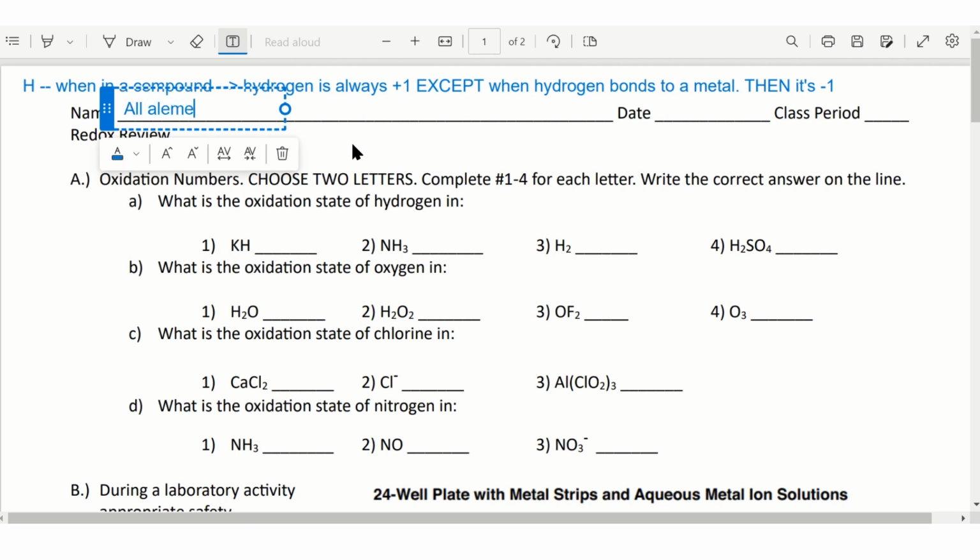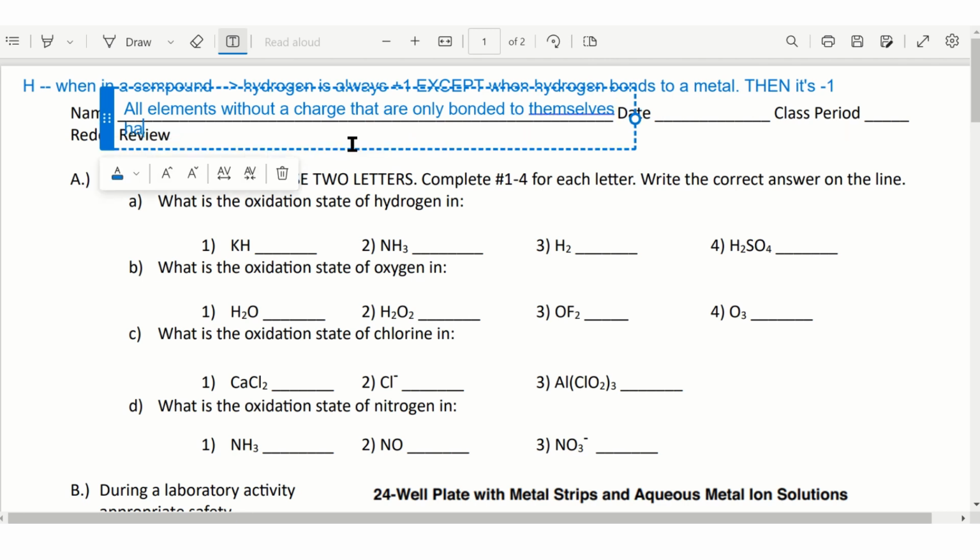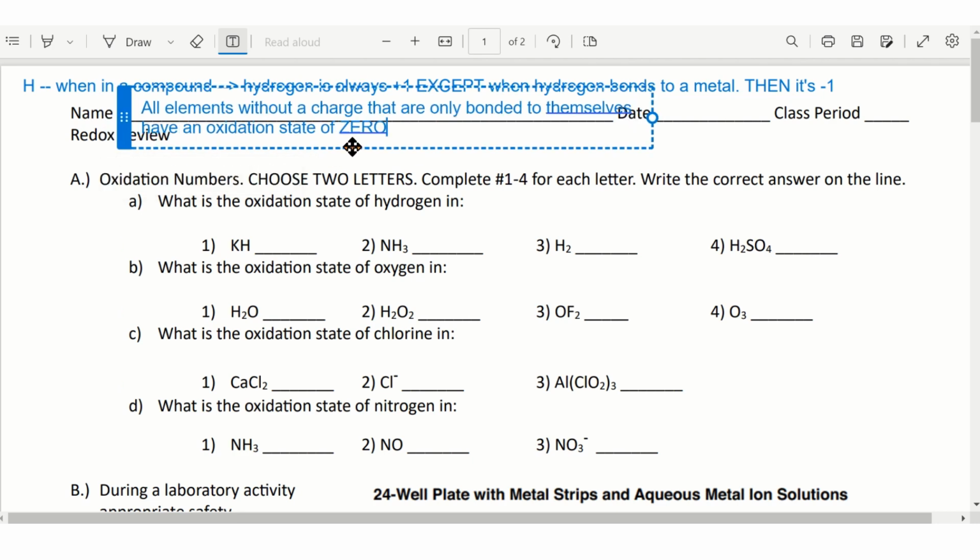Now, what about when hydrogen is not in a compound? So all elements without a charge that are only bonded to themselves have an oxidation state of 0. Okay, so what do I mean by that?